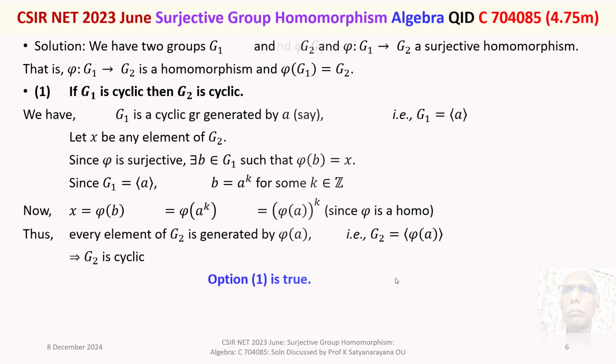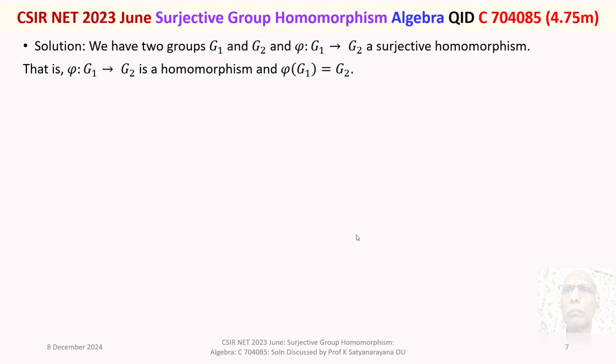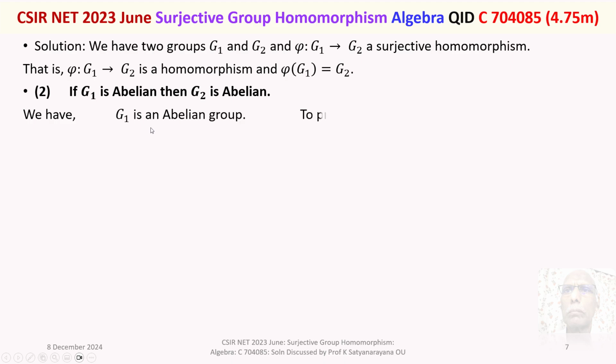Let's move to the next slide for the discussion of option 2. Option 2: if G1 is abelian, then G2 is abelian. Is it so? We have G1 is an abelian group. That's the hypothesis.